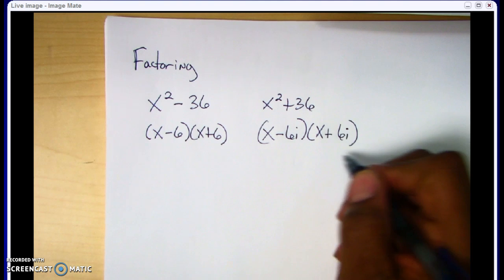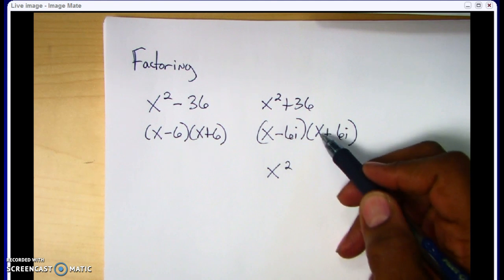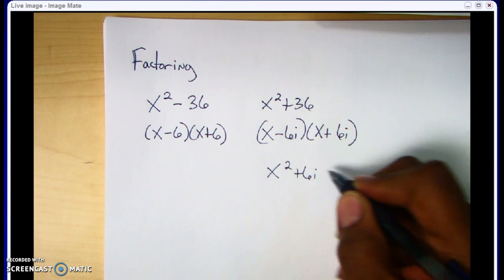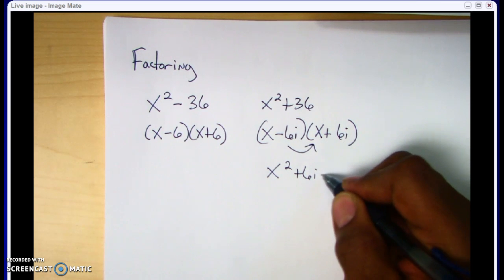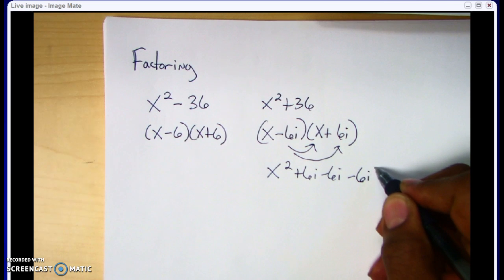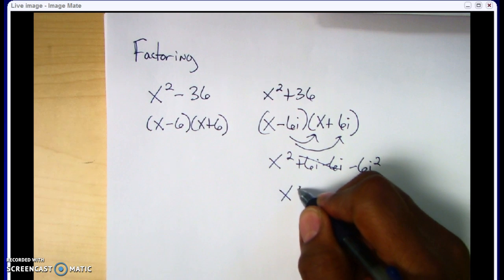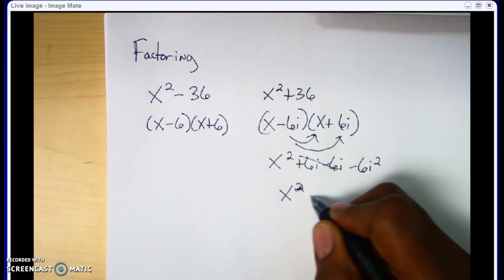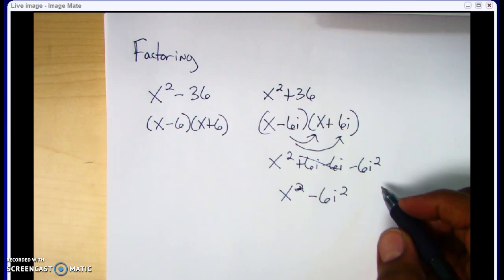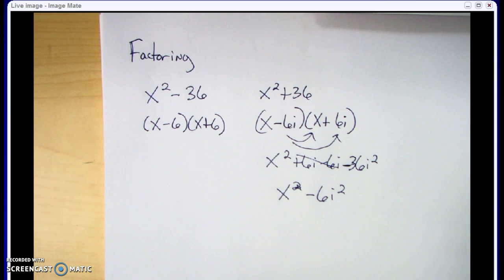And if you don't believe this, you just multiply it out and we'll end up right back where we started. See right here, we got x squared. And we have plus 6i, and then subtract 6i, and then subtract 36i squared. These two middle terms eliminate themselves, and you have x squared, subtract 36i squared.